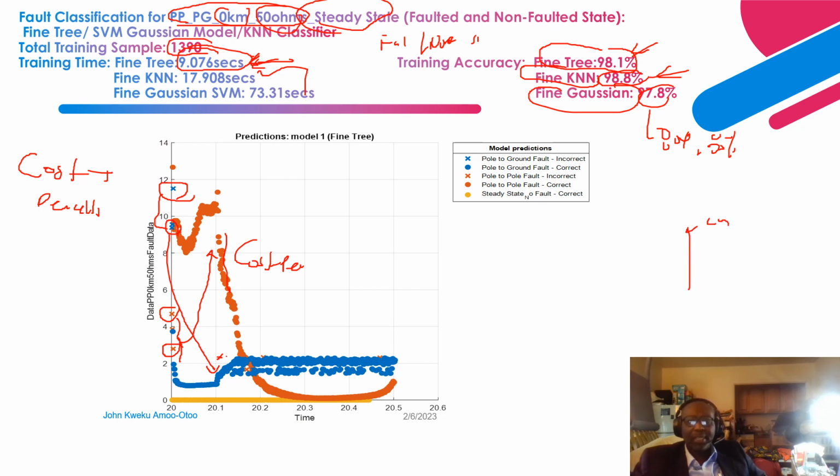Let's say the cost penalty was 3; I can increase it to 6 so that I can bring points closer to where they're supposed to be, and then I can improve upon the accuracy. Another way of increasing the training accuracy is selecting the optimizer algorithm for each algorithm. There is an optimizer button for fine tree, fine KNN, fine Gaussian, and all other classifier algorithms listed in the drop-down window that you will see.